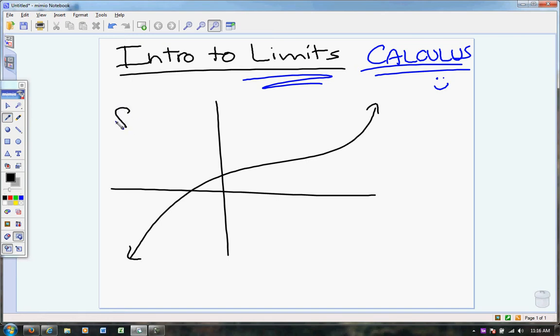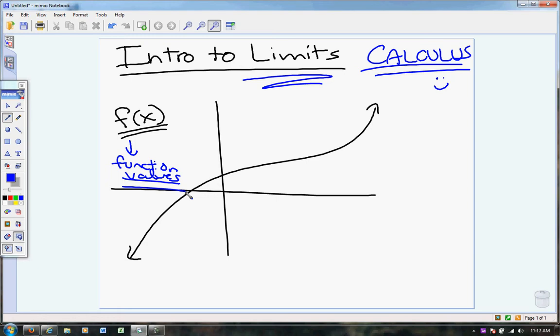When we talk about f of x, I know that that's kind of the name of a function, but we need to really ingrain in our mind this idea of function values. And function values really are just the y values.